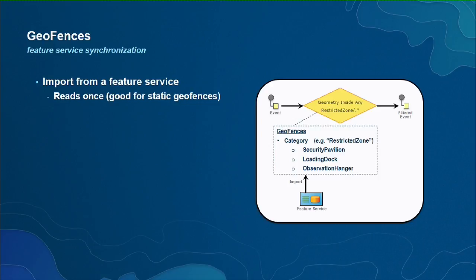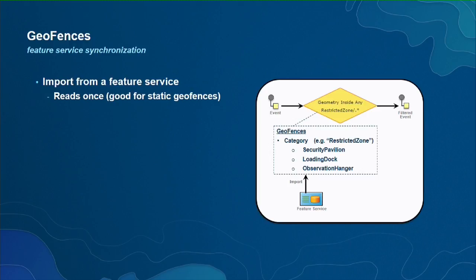If the geometry for that feature service changes at some point, GeoEvent Server doesn't know about those changes. And so you'll continue with the same geofences. And that could work to your advantage if you don't want them to change, but it could work to your disadvantage if you do want them to keep pace.